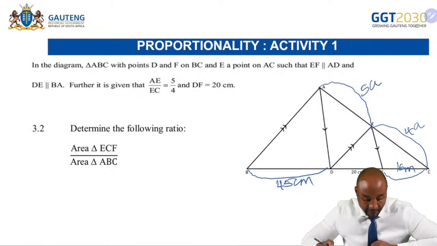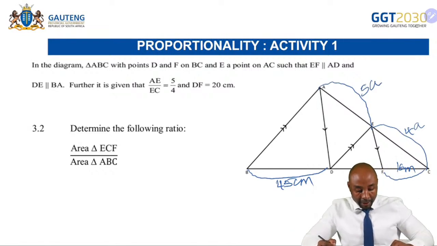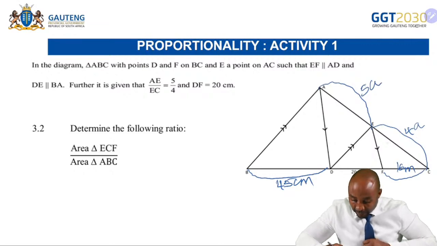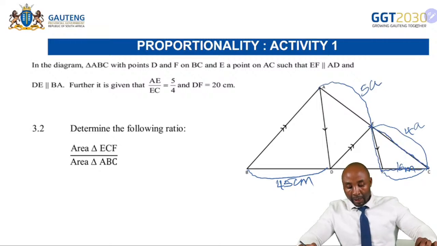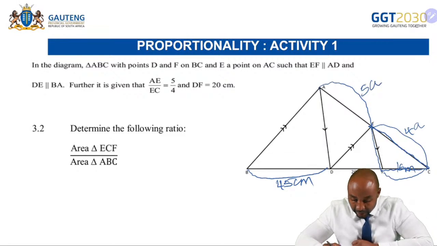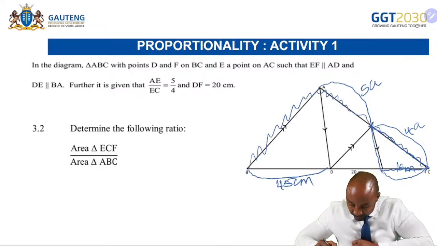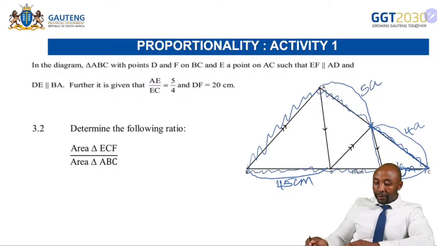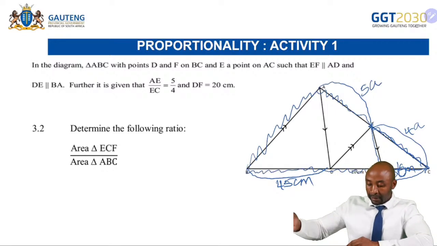Now, let's identify the triangles. We have triangle ECF. I'll use the same color for now. I have my triangle ECF, and then triangle ABC is the whole bigger triangle. What do you realize about the triangles?